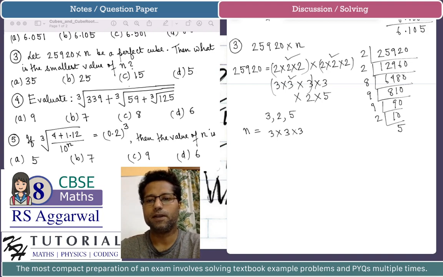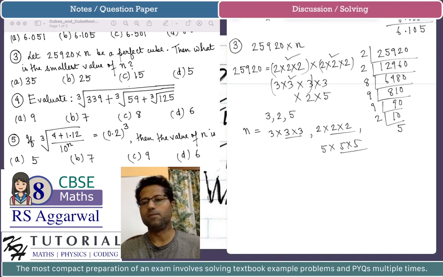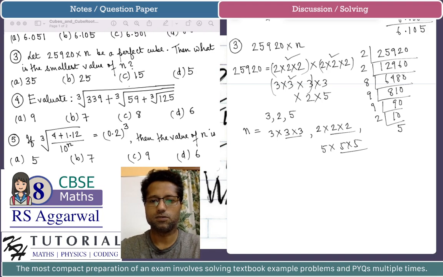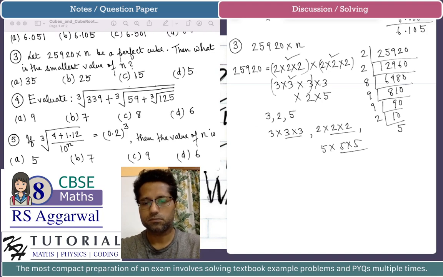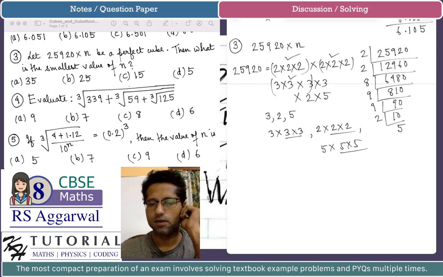And to make the triplet of 2, we have to multiply with 4, that is 2 into 2, and also to make the 5 a triplet, we have to multiply with 5 multiplied by 5. So n, sorry, this is not n. The factors which were not part of the triplet were 3 and 2 and 5.